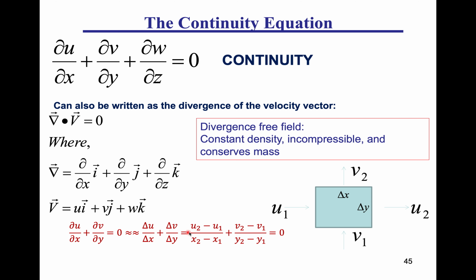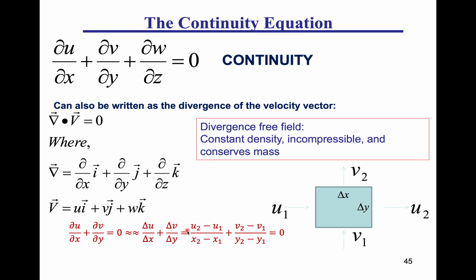Let's take the case where my flow accelerates in the x direction. So if I have my velocity u1 coming at 5 meters per second and leaving at 6 meters per second, it means that there must be some mass flow rate diverted from the v to go in here to feed into it.